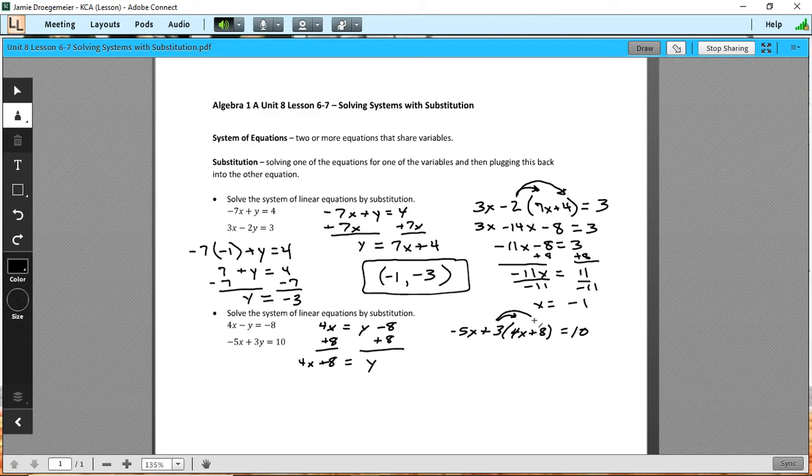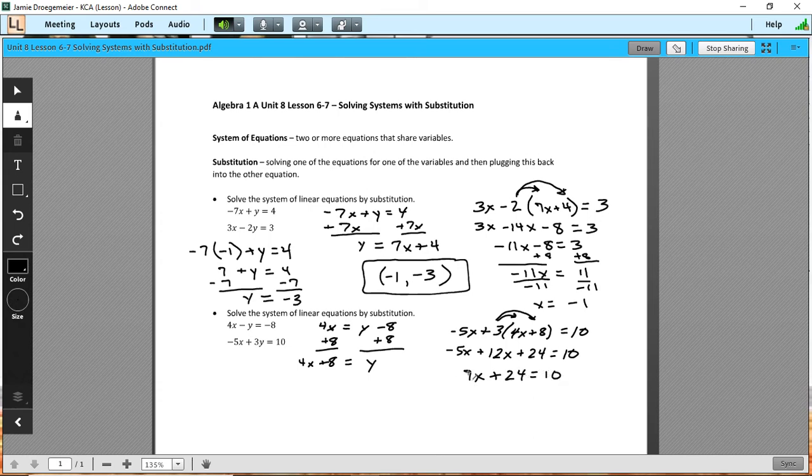Then I'm going to distribute. 3 times 4x is 12x, and 3 times 8 is a positive 24. Combining like terms, negative 5x plus 12x is positive 7x, plus 24 equals 10.